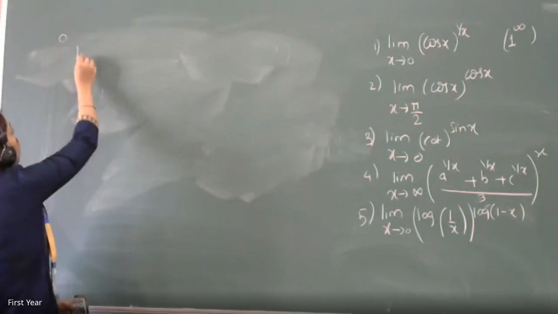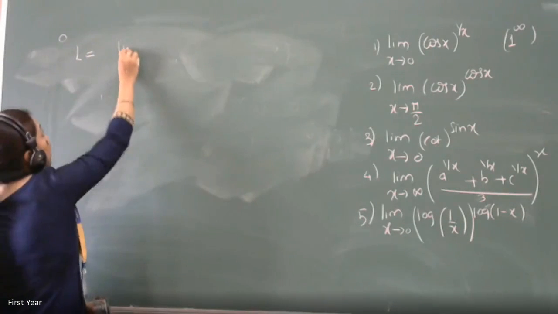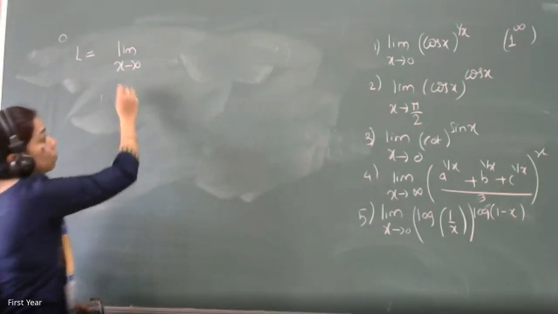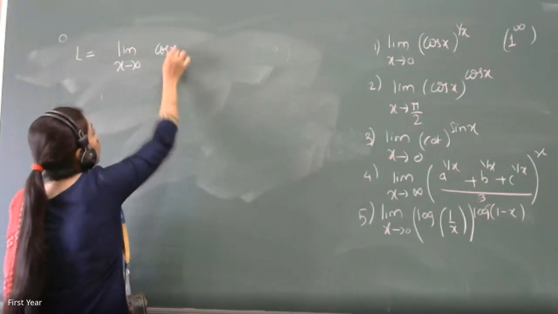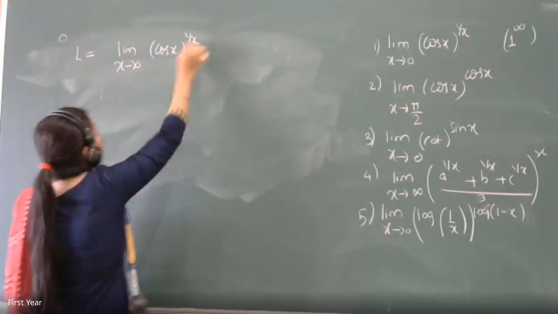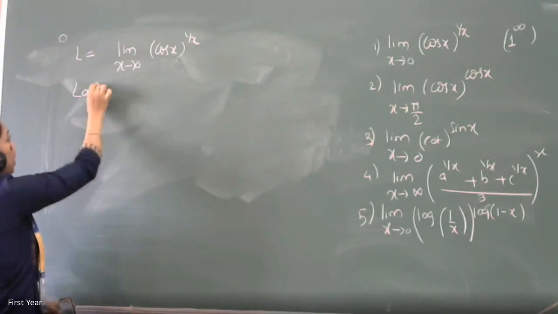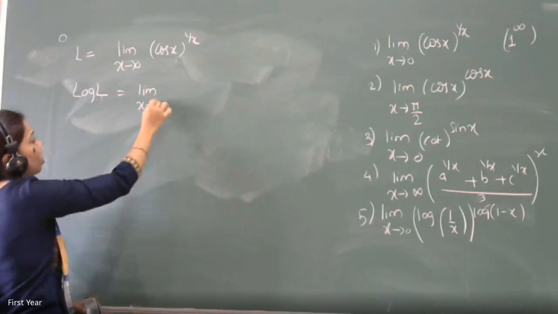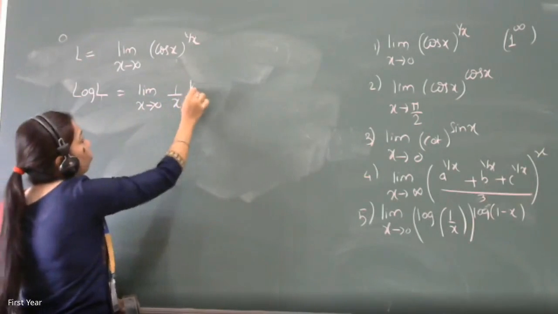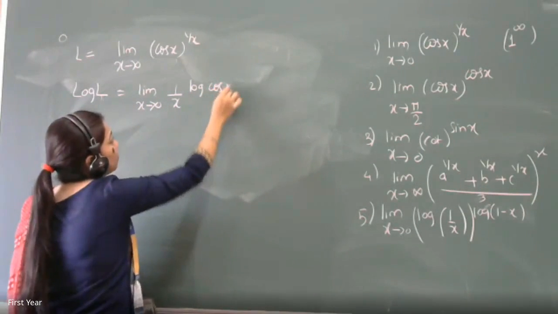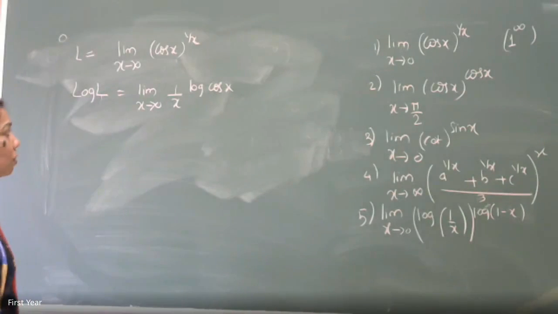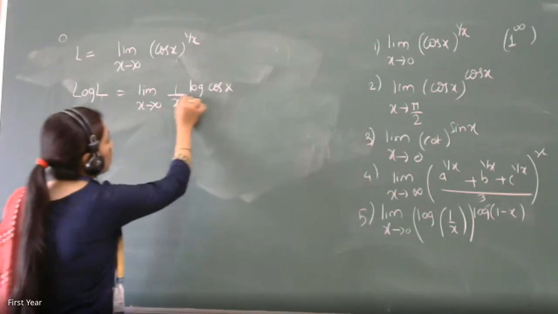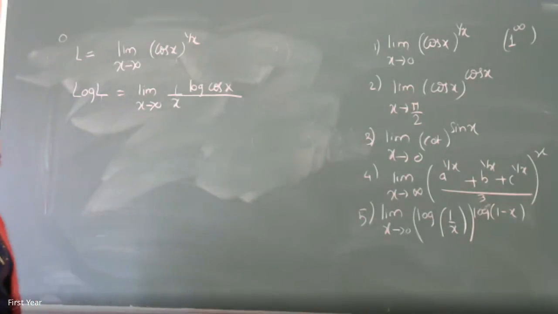So L is equal to limit as x tends to 0, cos x raised to 1 by x. Now applying log on both sides, you get log L is equal to limit as x tends to 0, you can take log inside, 1 by x log of cos x. So actually you can write this like log of cos x upon x.